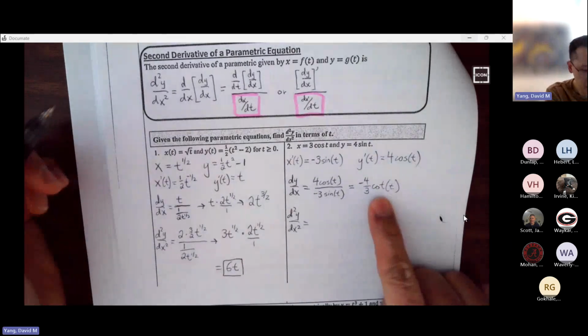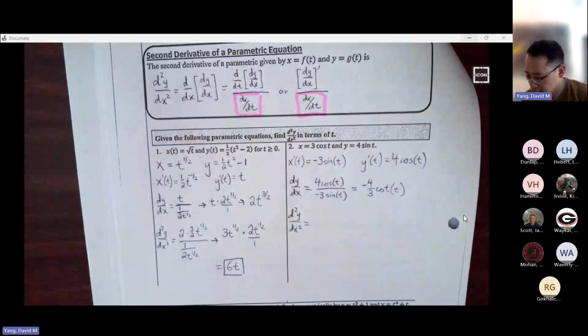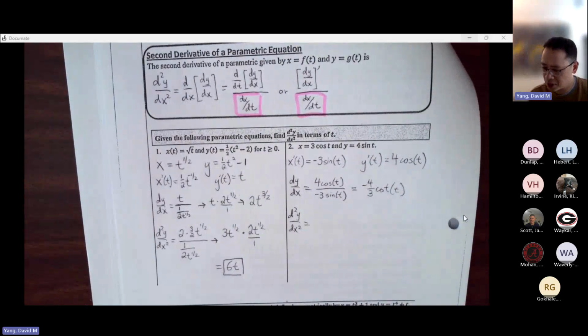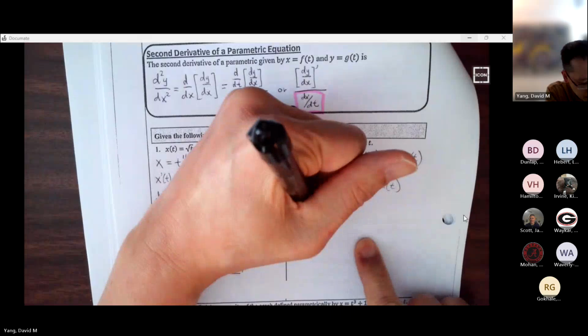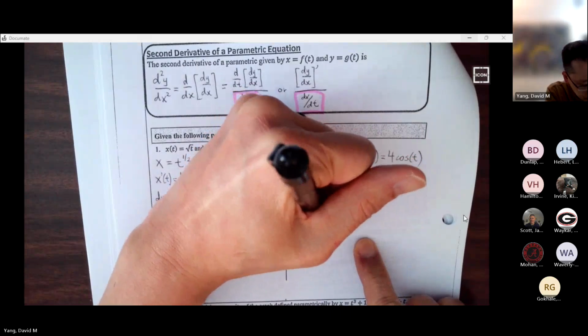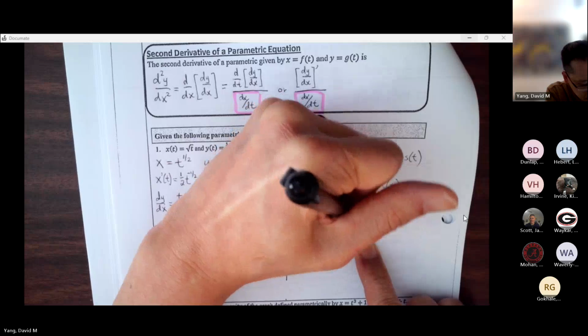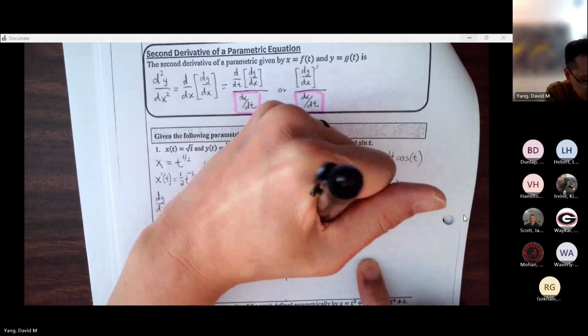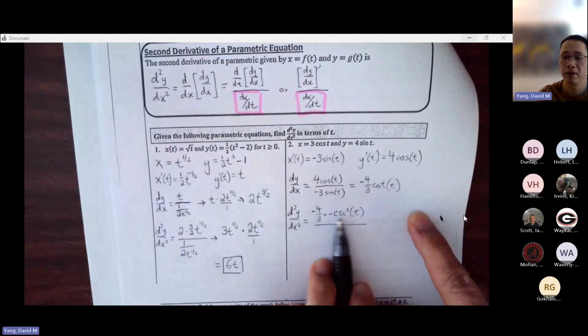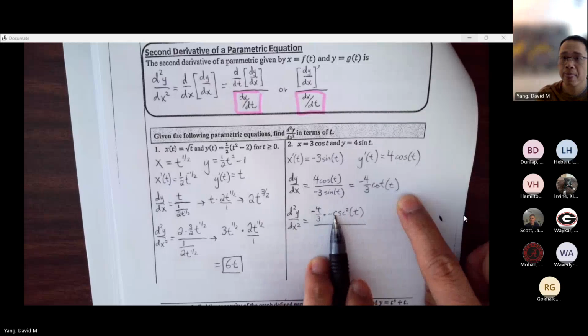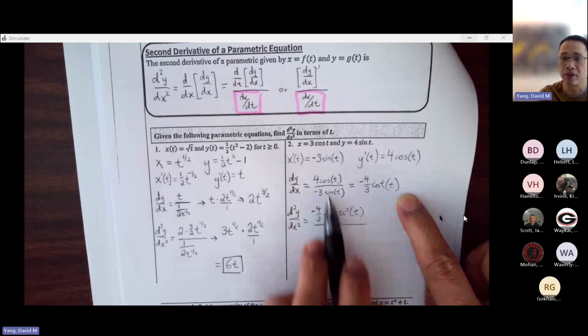Okay. Cotangent's derivative is negative cosecant squared t. This is my derivative of dy dx, or my derivative of my y prime.